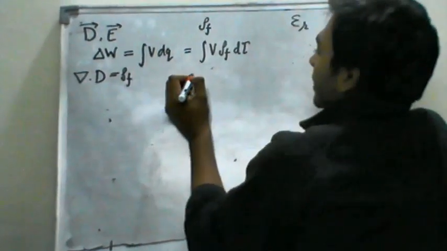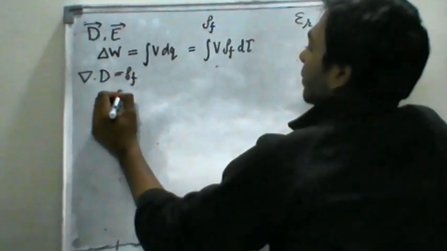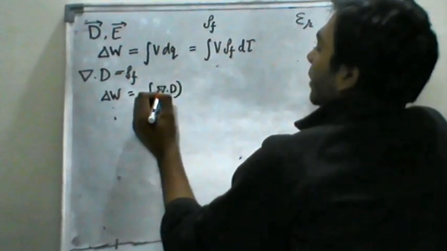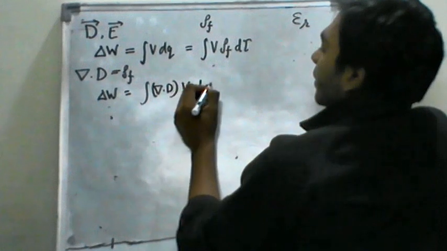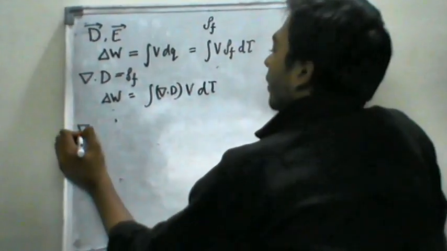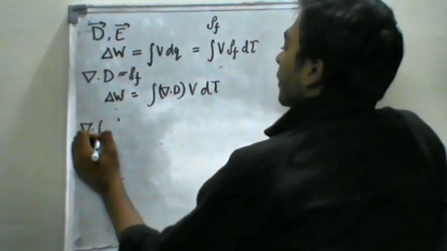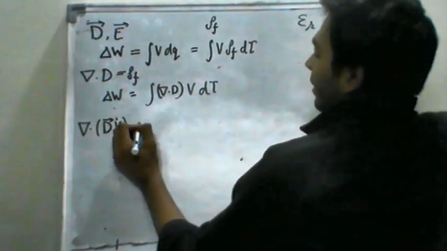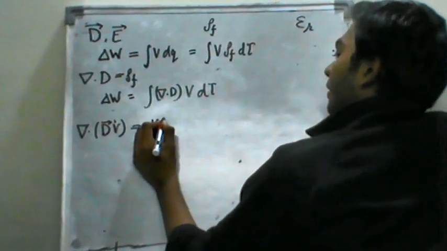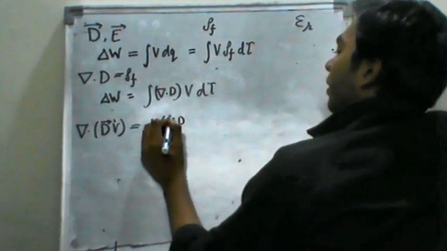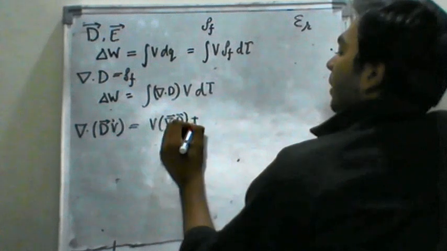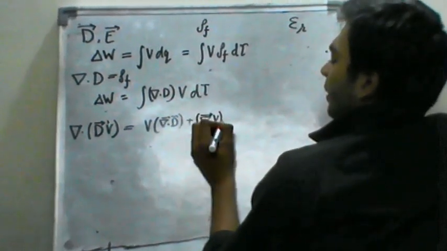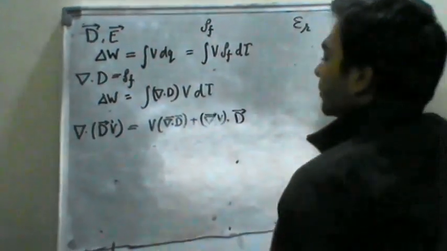Putting that here, this can be written as delta W is equal to integral of del dot D into V d tau. Now del dot D into V, V is a scalar, D is a vector, so it can be written as V into del dot D plus del of V dot D. Correct?